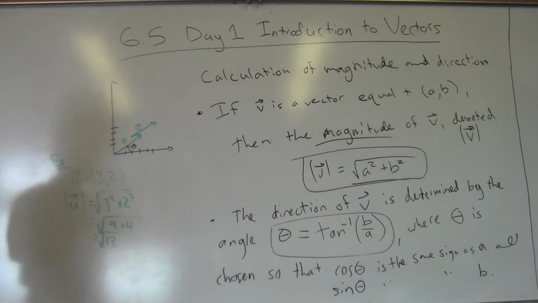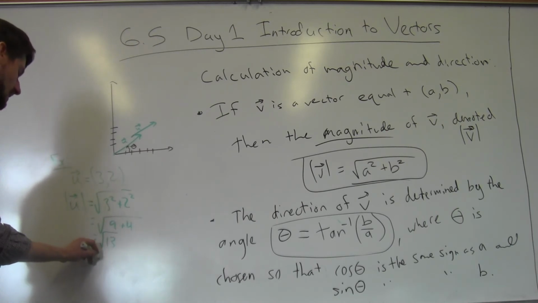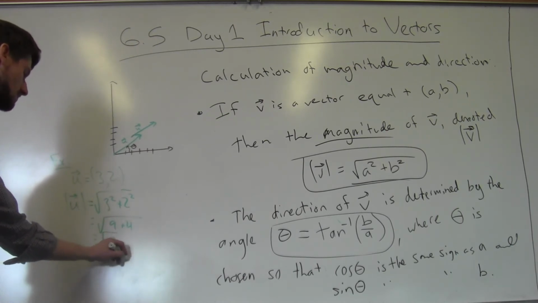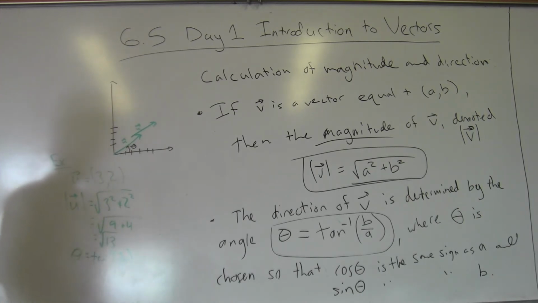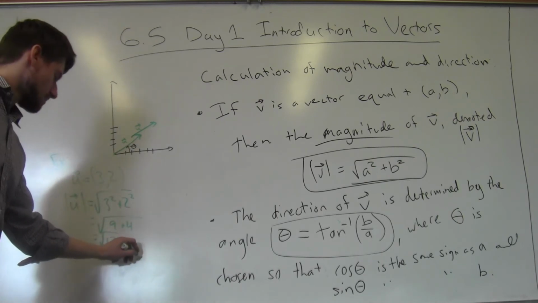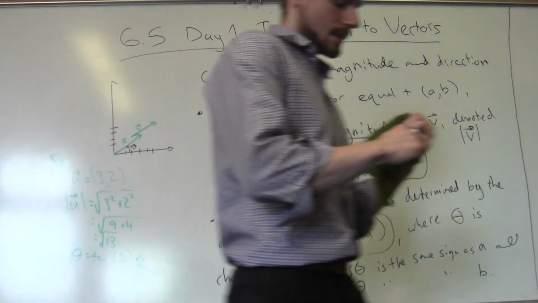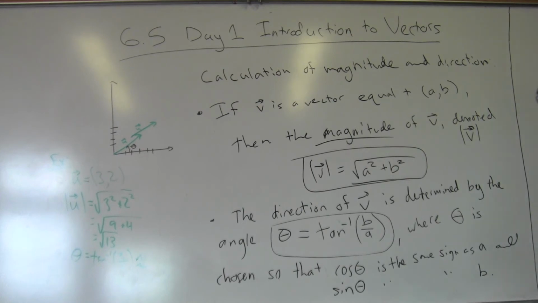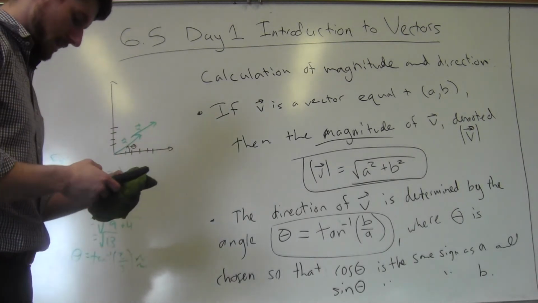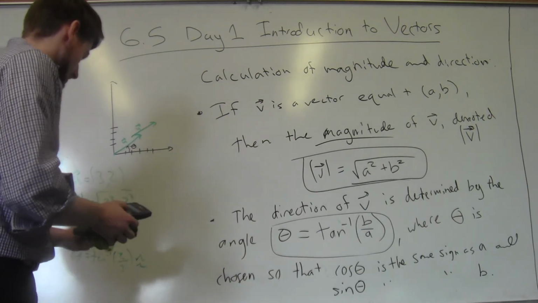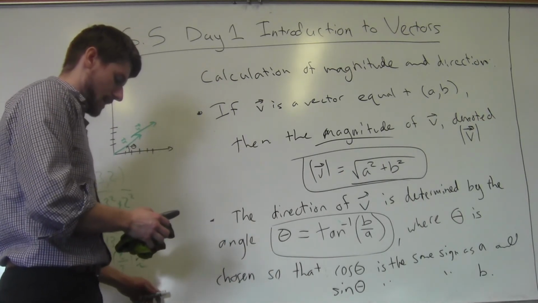And then the direction, or angle, of this vector, theta, equals the inverse tangent of 2/3. 2 divided by 3, this number divided by this one. And this is approximately equal to, I need to calculate this one real quick. 2 divided by 3, inverse tangent, is approximately equal to 0.588.